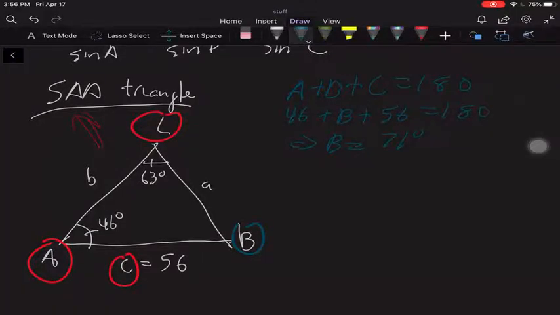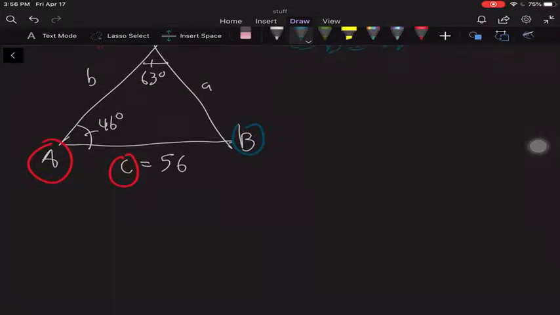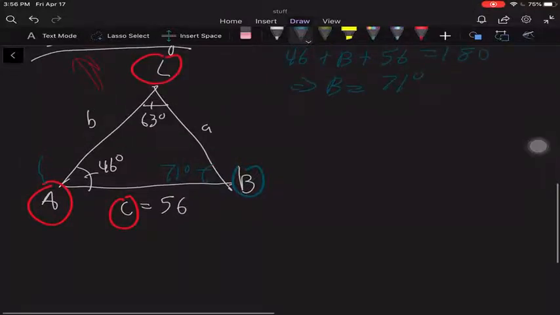Now we have more information to solve the problem, and we can start using the law of sines.